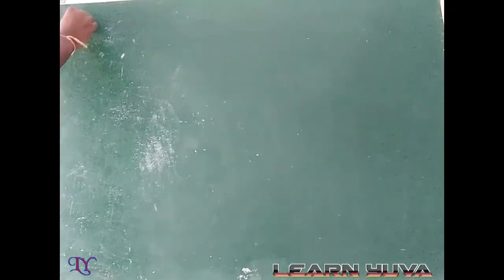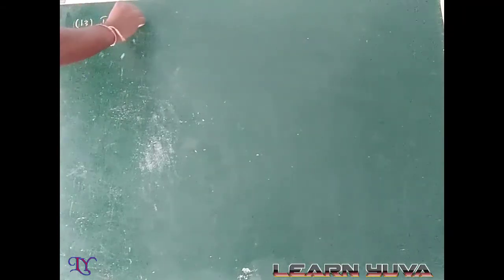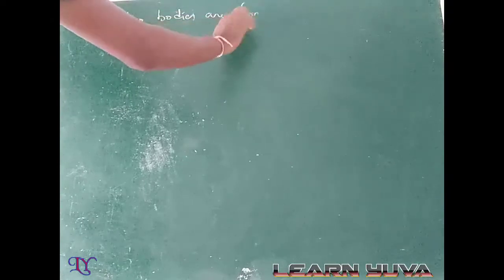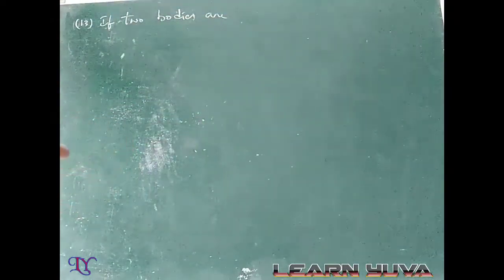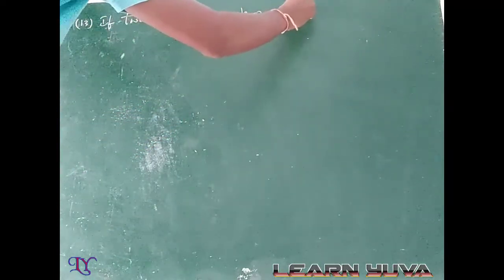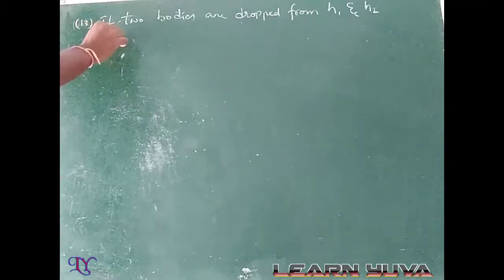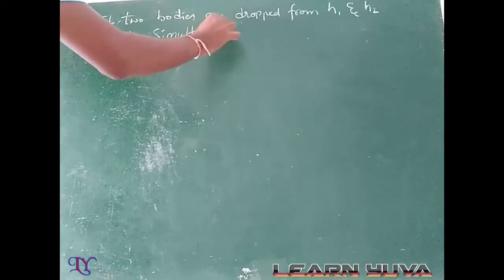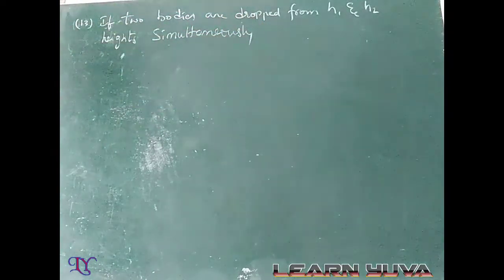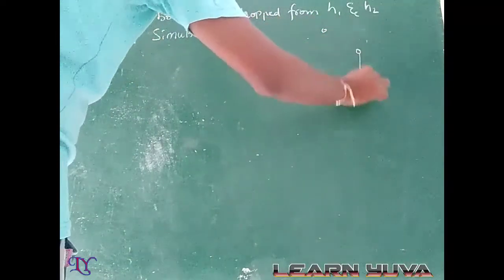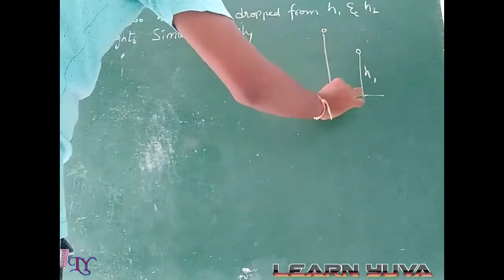If two bodies are dropped from h1 and h2 height simultaneously, so there are the 2 points, 2 bodies, body A and body B, at h1 and h2.